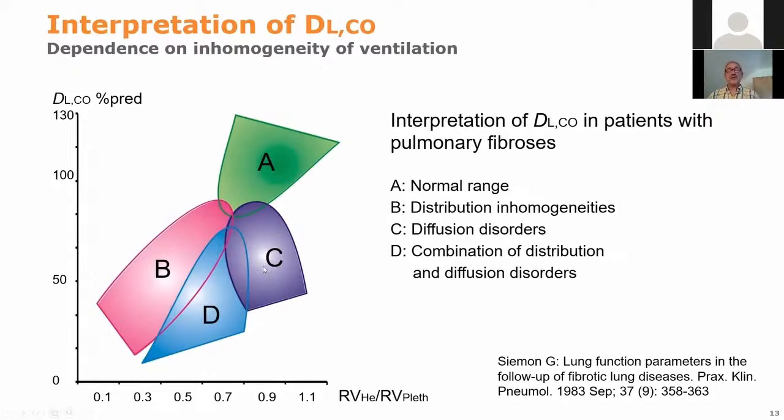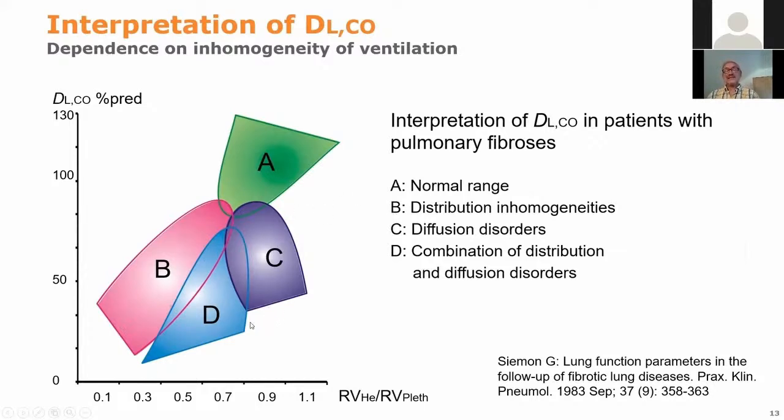And that means if you look at the graph here, this is the DLCO in percentage of predicted. Only if there is a homogeneous lung, that means no inhomogeneity, values of DLCO above 70–80% are in the normal range, and measurement results below 70–80% are abnormal diffusion disorders here.